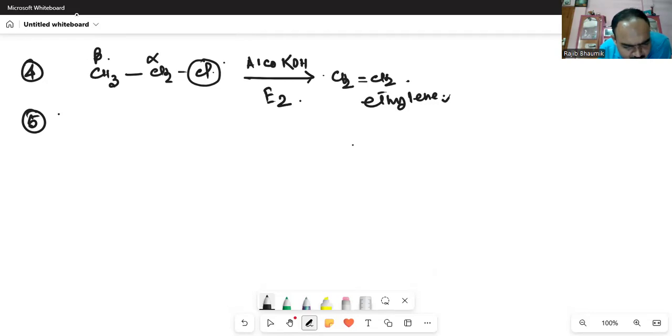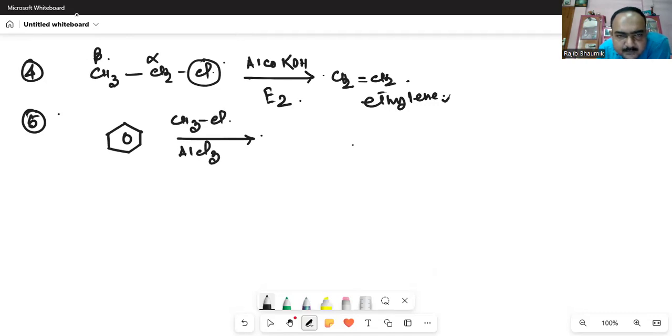Number 5: benzene is treated with methyl chloride in anhydrous aluminum chloride. It is a very important NCERT question. Benzene is treated with methyl chloride. This is a Friedel-Crafts alkylation reaction.